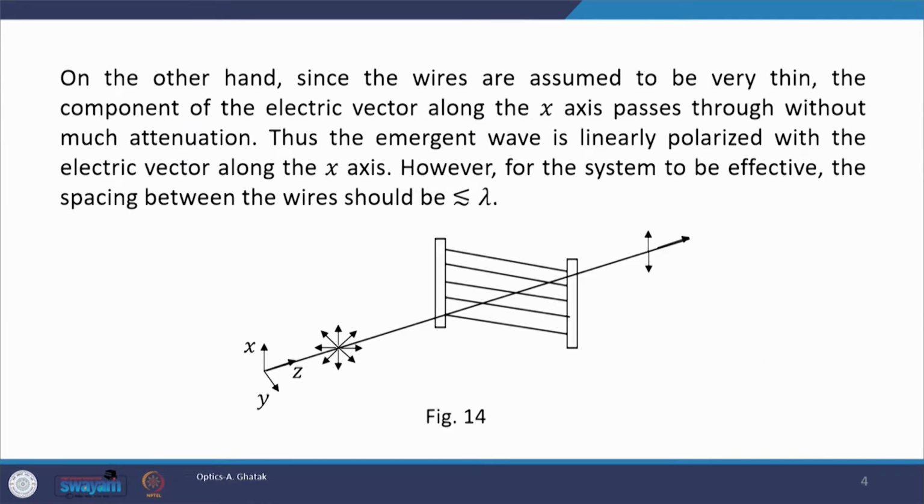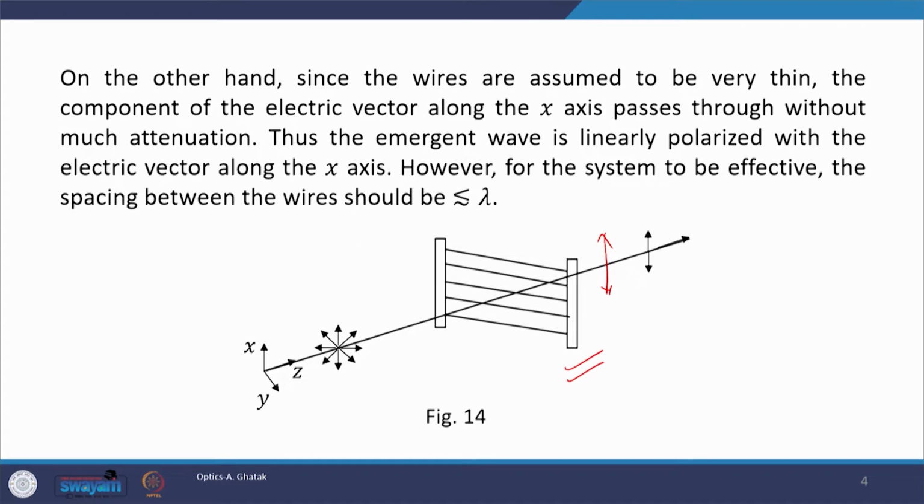Since the wires are assumed to be very thin, the component of the electric field vector along the x axis passes through without much attenuation. The x axis is the vertical axis. Thus, the emergent wave is linearly polarized with the electric vector along the x axis, and this is very nicely depicted in figure number 14.